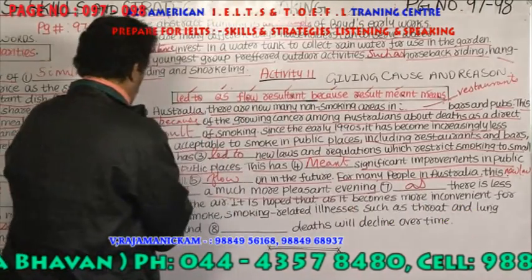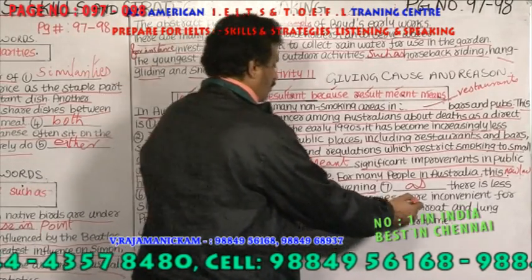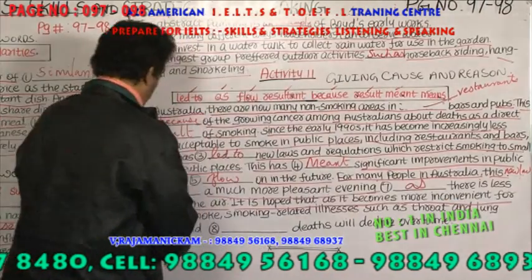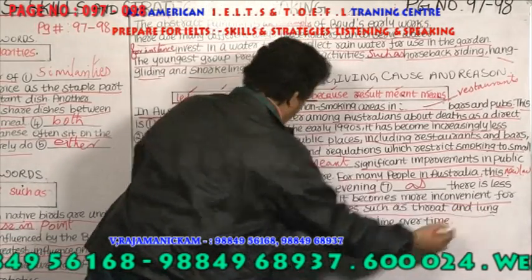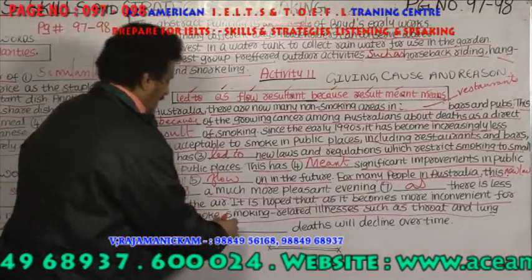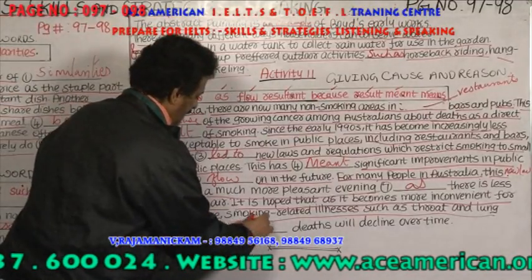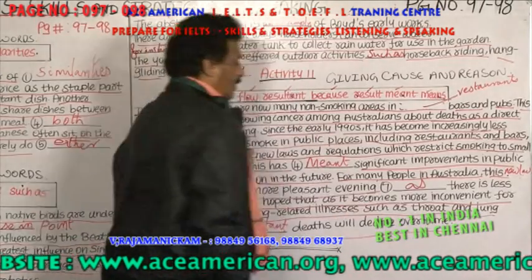smoke in the air, it is hoped that as it becomes more inconvenient for people to smoke, smoking related illness such as throat and lung cancer and resultant deaths, because of that, the deaths will decline over time. You got it, sir?